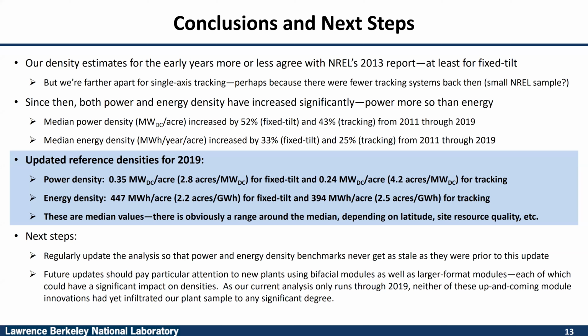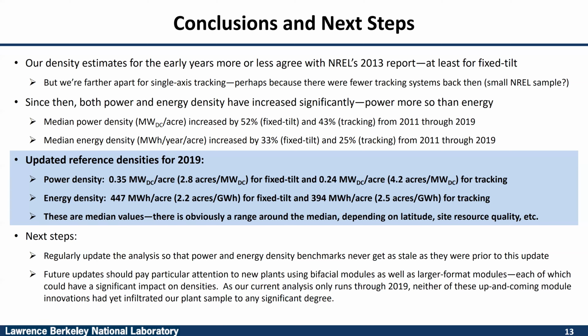In that case, the power density of that plant in AC terms would not change with the different loading ratios, but 200 megawatts of DC capacity is going to take up a lot more land area than 110 megawatts of DC capacity. So your densities when expressed in DC capacity do pick up that change.